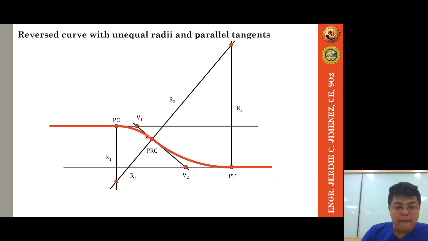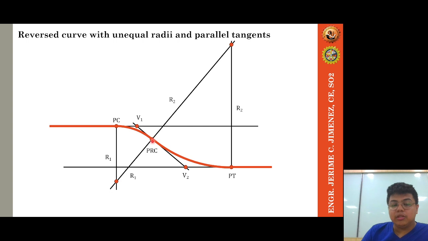As you can see, V1 is now smaller compared to V2, so the first curvature is smaller compared to the second curvature. And when we arrive at our transition point, take note of the term, transition point. Okay? Transition point. So, the transition point is also the PRC. Okay?